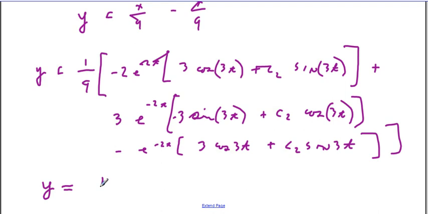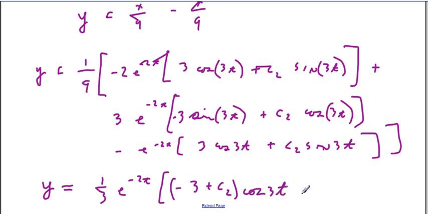So I'm going to have 1/3 e to the minus 2t, minus 3 plus c2 cosine 3t, plus minus c1 minus 3, that's a minus 3, minus 3 minus c2 sine 3t.